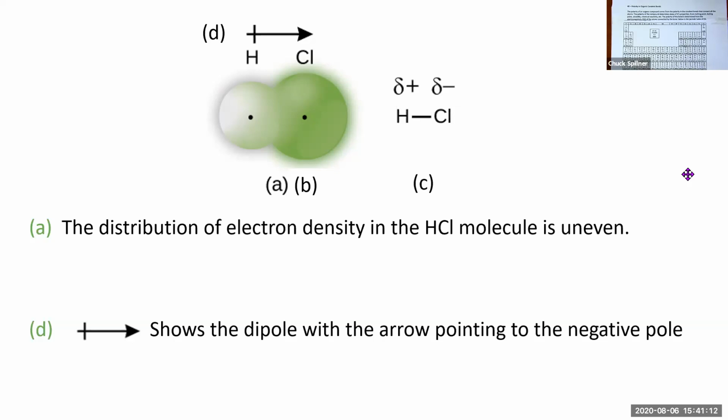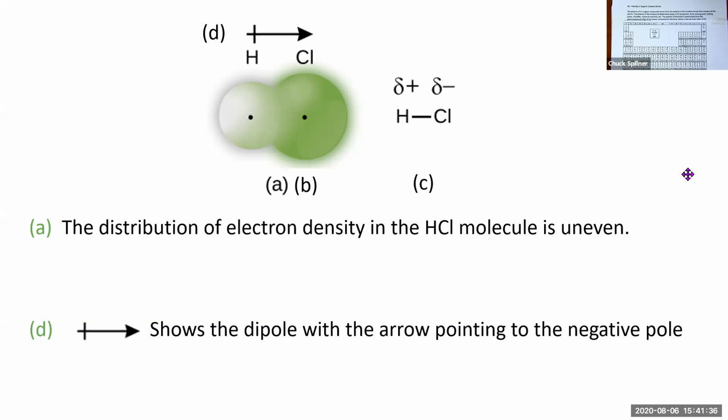What that means is the distribution of the electron density in the bond is uneven. So the element with the highest electronegativity pulls the electrons in that bond toward it, so it has a higher electron density around the chlorine atom.